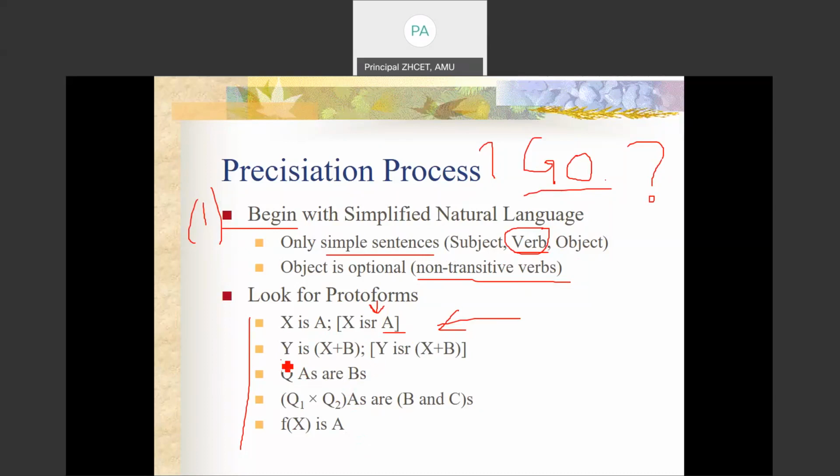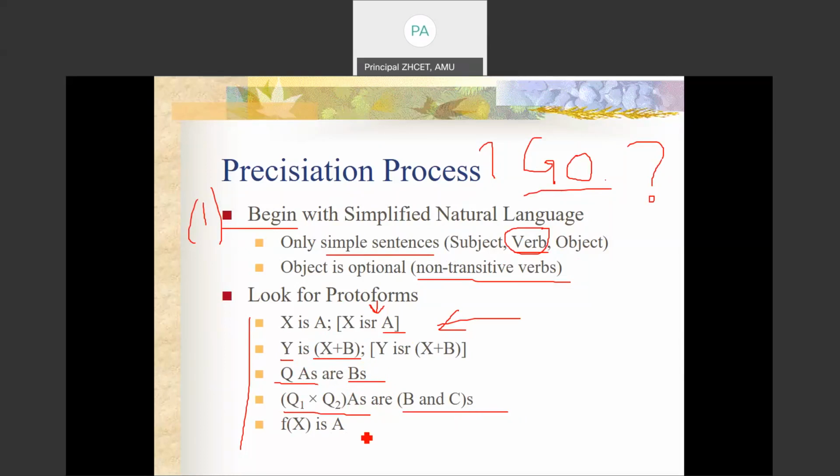For example, Y is X plus B is again the X is A form, a variation of it. Similarly, Q A's are B's is again the X is A form. Then Q1 Q2 A's are B's and C's is also a variation of the X is A form.